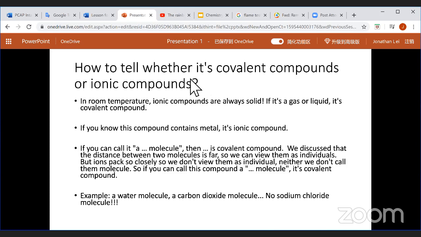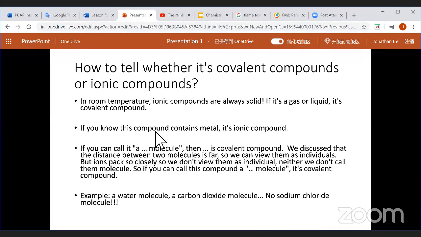At room temperature, ionic compounds are always solid. If it's a gas or liquid, it's a covalent compound. Covalent compounds can be gas, liquid, or solid, but at room temperature, ionic compounds can only be solid. So if it's a gas or liquid, it's no doubt a covalent compound.